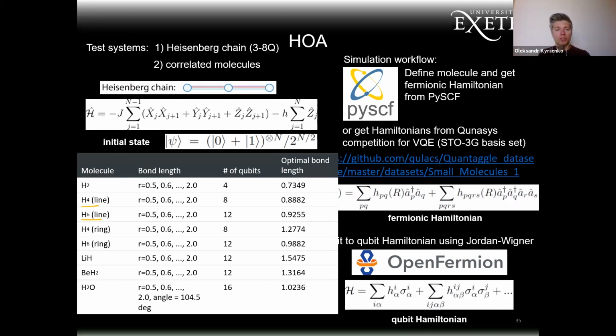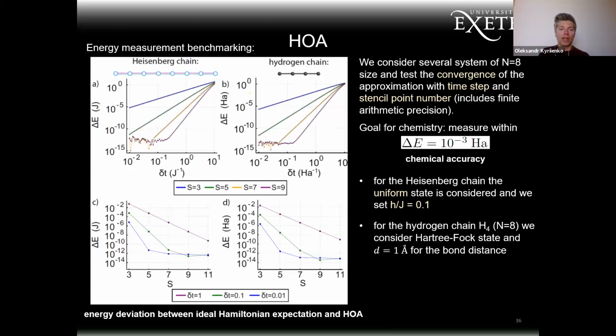So here are the results. The precision at which you can estimate the energy of the Hamiltonian depends on delta t. The smaller the delta t, the better the energy, until you hit this level of numerical precision, which can be fixed by increasing to double precision. We checked it for the Heisenberg chain and for the hydrogen chain, and we could also see that the convergence improves with the stencil points.